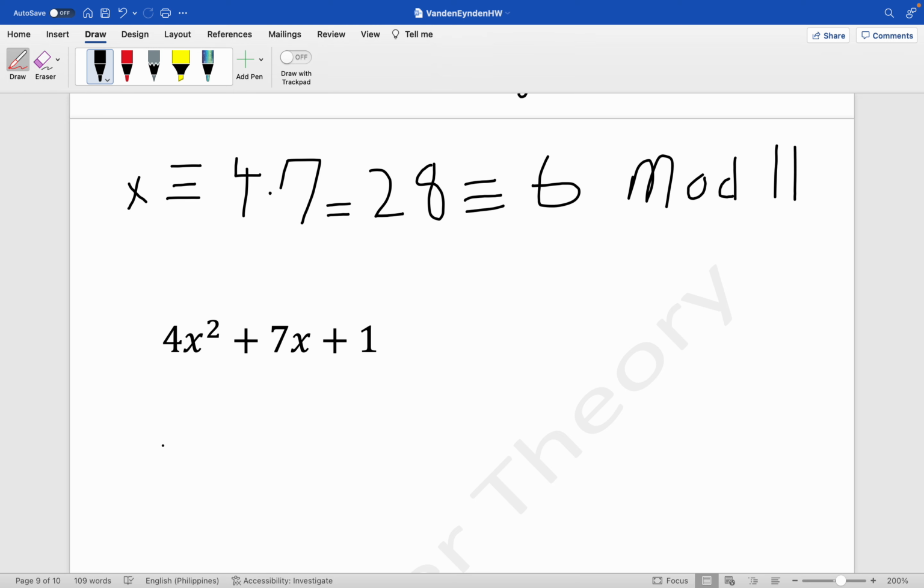4 times 6 squared. 4 times 6 squared is 4 times 36. 4 times 36 is 144? Well, I'll just write it down. We have 4 times 36, again squaring 6, plus 7 times 6, that's 42.